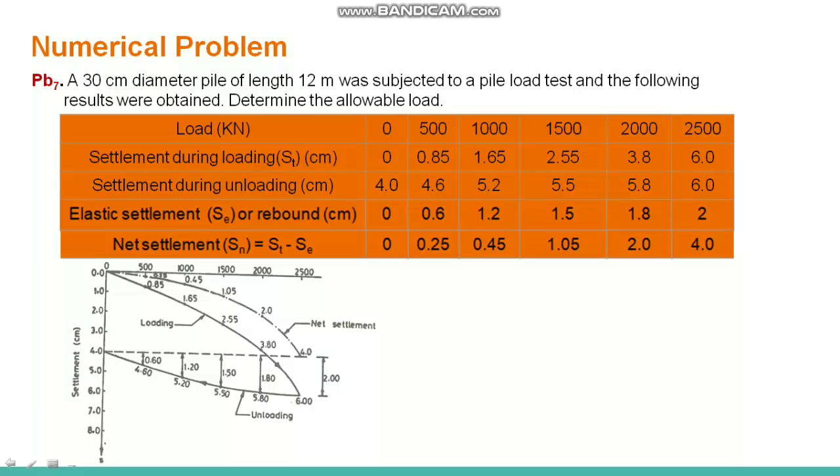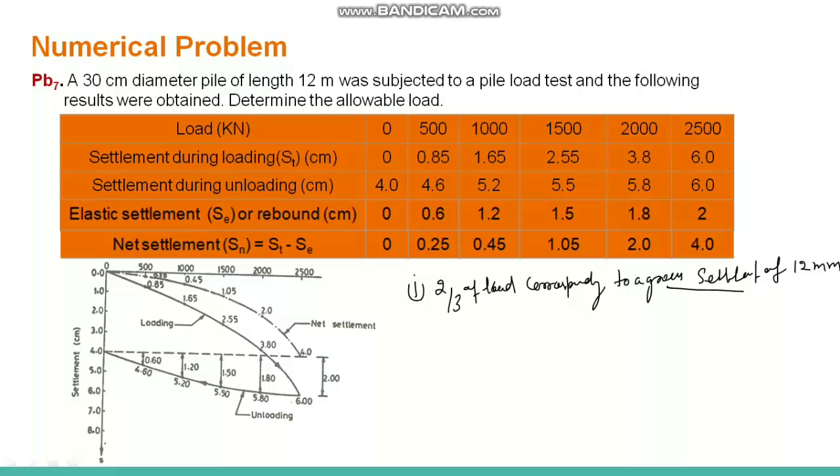The first condition, I mentioned in the previous slide, is 2 by third of the load corresponding to a gross settlement of 12 mm. Means we have to take the value of load corresponding to gross settlement of 12 mm.